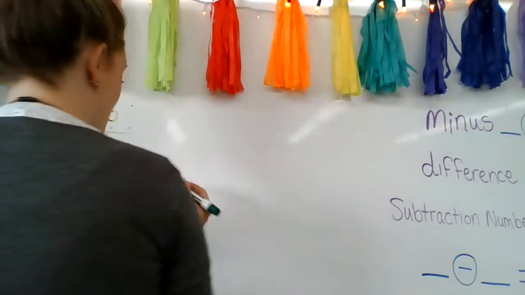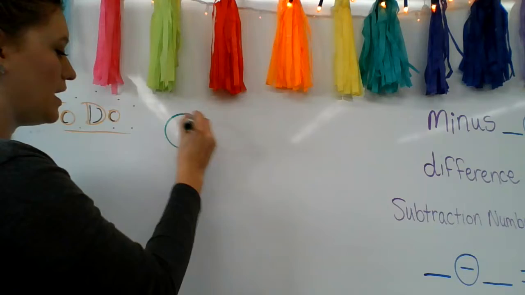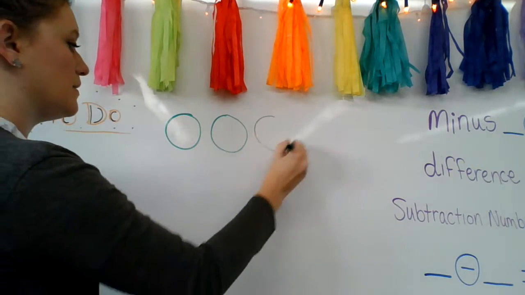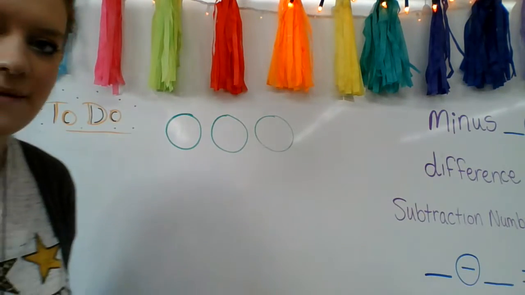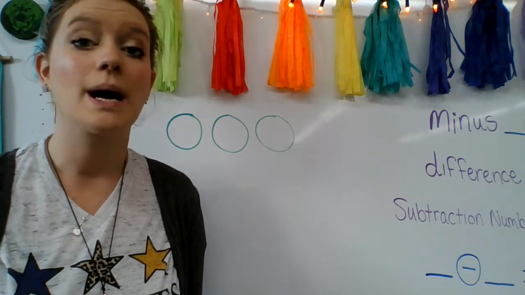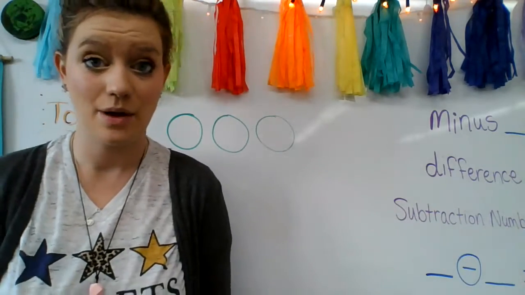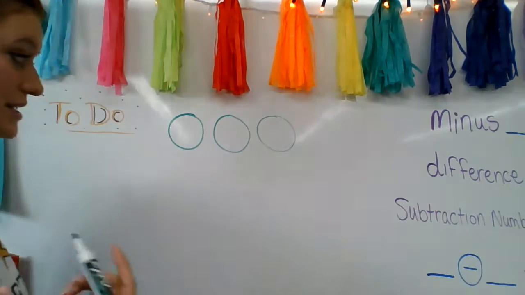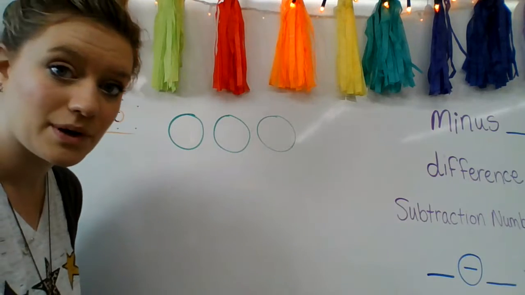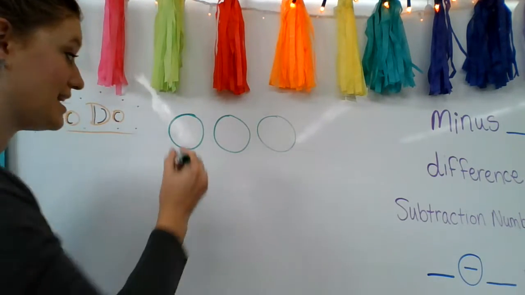Let's say I have 3 counters, okay? 1, 2, I have 3 counters, right? I want to take away or minus 2. Remember that word minus also means take away. So I want to take away 2. Well, guess what we're going to do? We're going to put an X over them to take them away or minus them, okay?